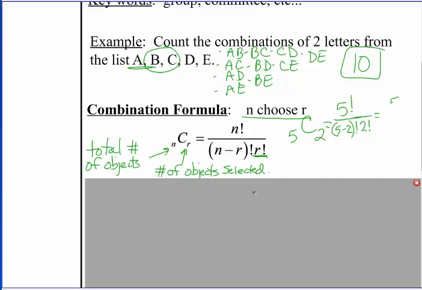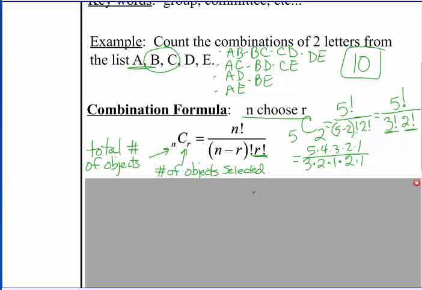So then simplify a little bit. 5 factorial, divided by 5 minus 2, which is 3 factorial, and 2 factorial. So let's write it all out. 5 factorial is 5 times 4 times 3 times 2 times 1. Remember, the factorial means you start with that number and you multiply all the numbers below it until you get to the 1. 3 factorial, start at the 3 times 2 times 1, multiply everything below it, times 2 factorial, which is 2 times 1.